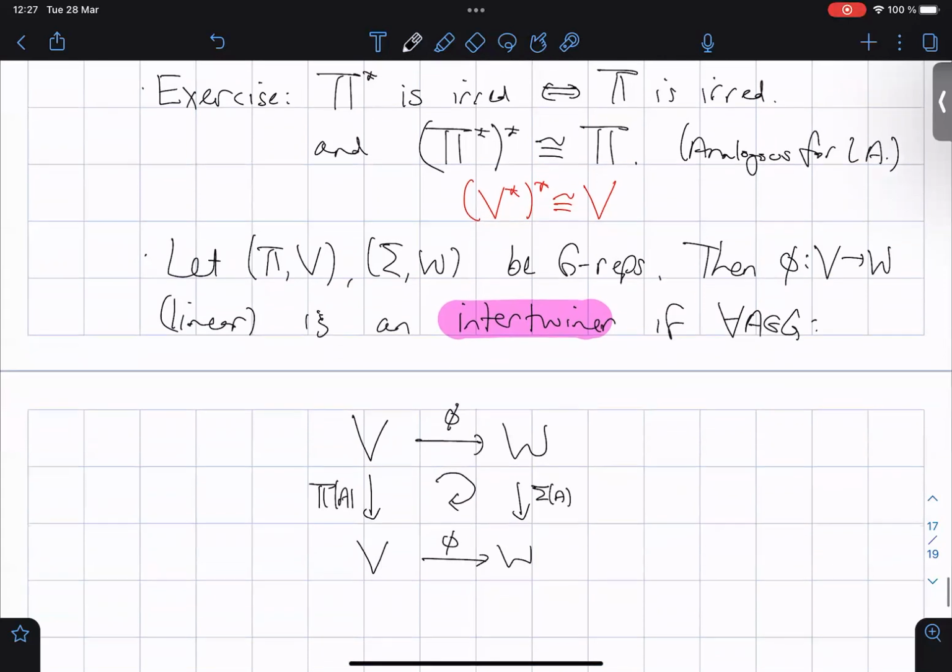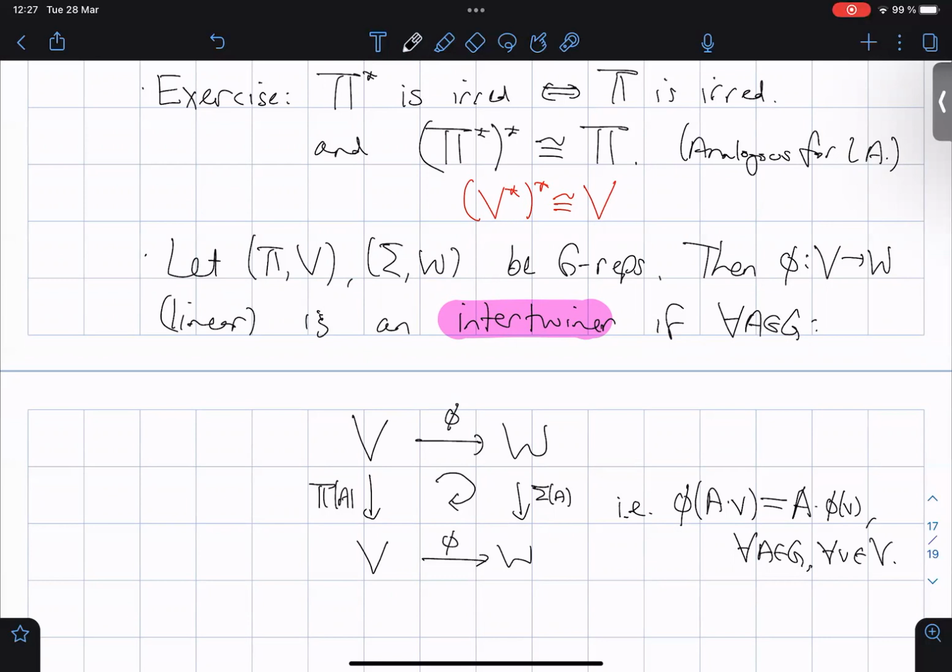In other words, if I suppress the pi and sigma notation, what it's saying is that I act first with A, then follow it up with phi. That's the same thing as you hit it with phi first and then hit it with A. So the action is mimicked on the V side and the W side.